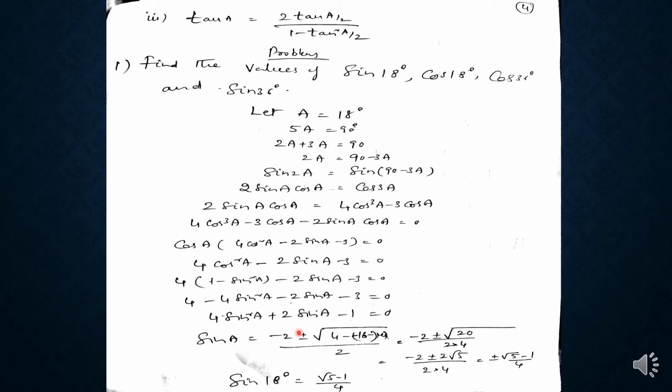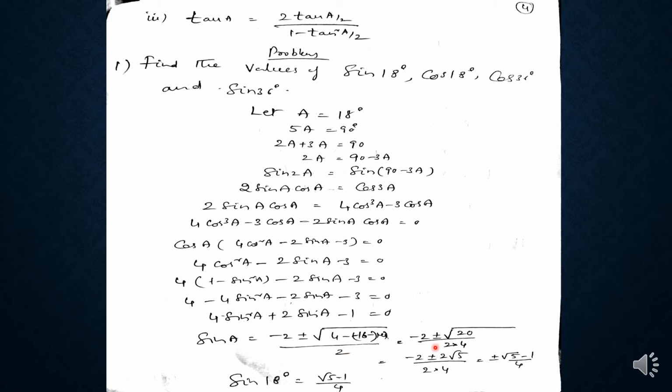So sin a is equal to minus b, that means minus 2, plus or minus root of b square, 2 square, that is 4, minus 4ac, 4 into 4 is 16, 4ac, 4 into minus 1, so that is minus 16, divided by 2a, 2 into 4, that is 8.